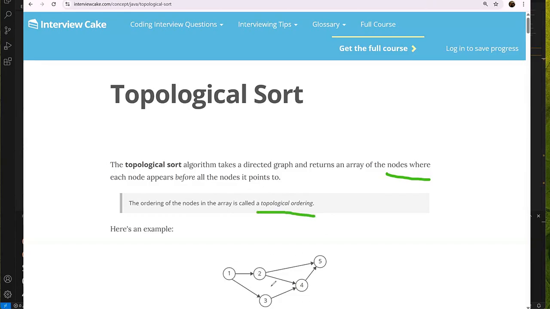We have a graph. 1 goes to 2, 2 goes to 5, 2 goes to 4, 4 goes to 5, 1 goes to 3, 3 goes to 4. So these are the order. The ordering of the nodes in the array is called topological ordering.